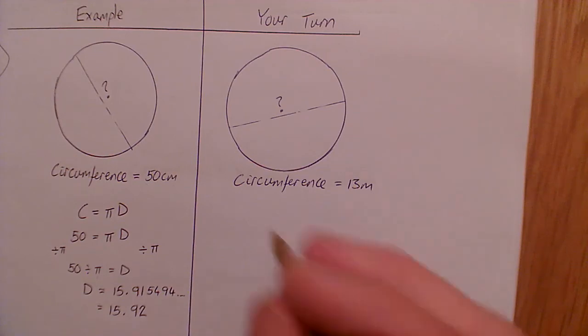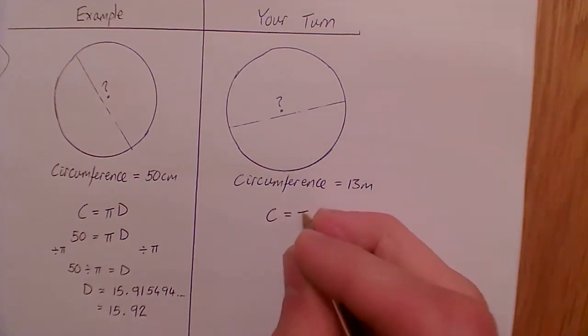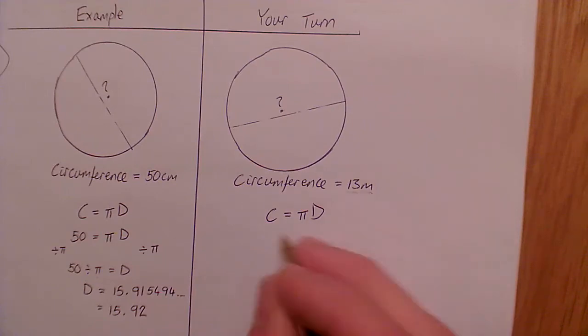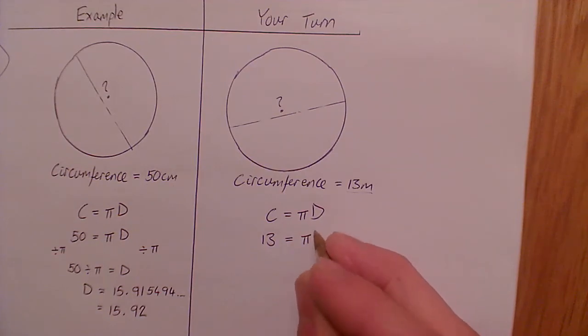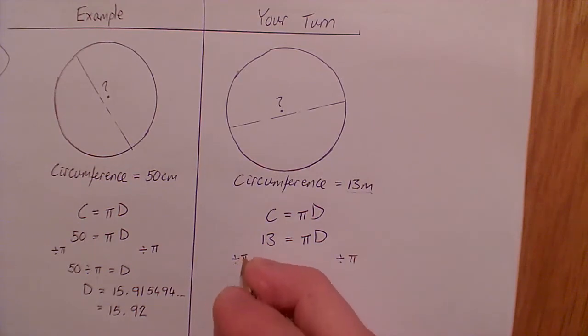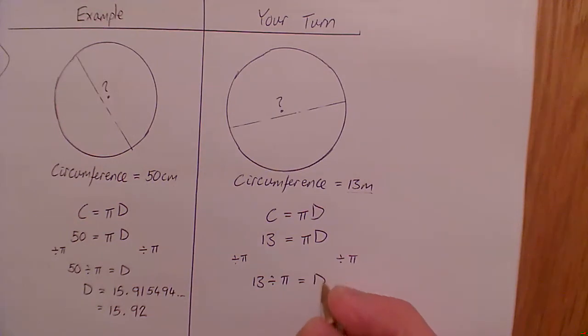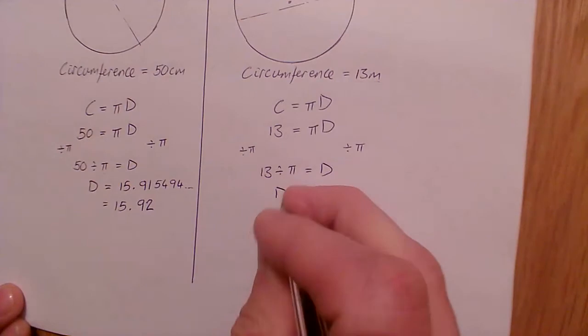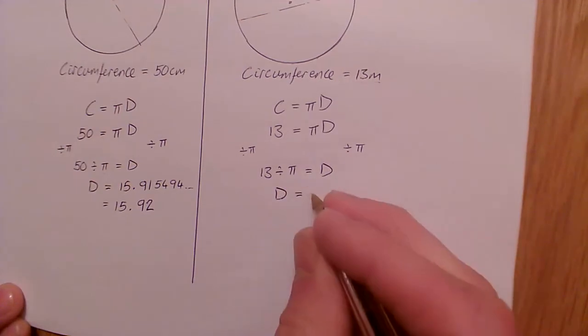Great, so let's run through that one. We've got c equals pi d. Put in the numbers that we know. So we know the circumference, or c, in our formula. So that's 13 is pi times diameter. We'll divide both sides by pi. So we get 13 divided by pi equals d. Once we've got that, we can put 13 divided by pi in our calculator.